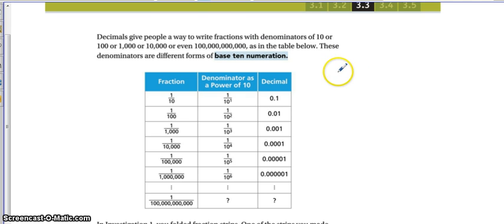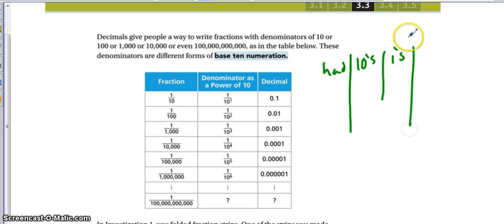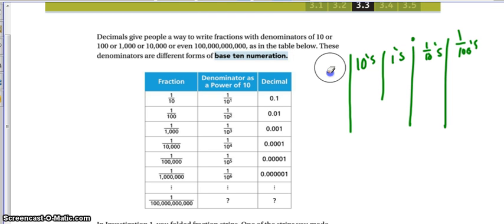So if you remember back from elementary, we had the hundreds, and then you had tens, and then you had ones, and then we'd put our decimal, and you'd have the tenths, the hundredths, and so on. So these can go, and I'm going to change hundredths to say 100, but these could go on forever in both directions, and they are powers of 10. Okay, and they each equate to a decimal.